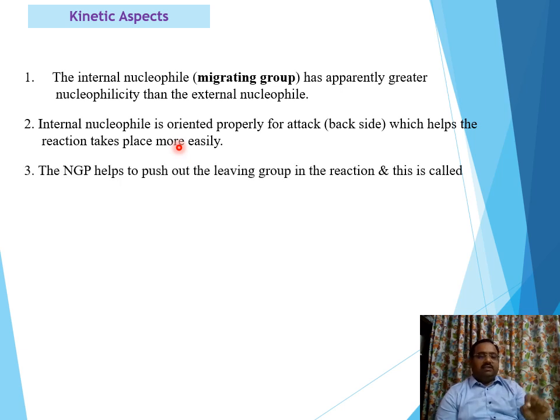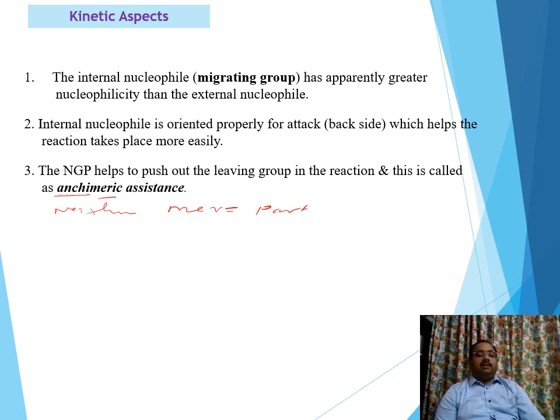Okay, the NGP also helps to push out the leaving group, and this is called anchimeric assistance. This anchimeric is a Greek word: anti means neighbor, and mer means part, that is the neighboring participation. In Greek it is called anchimeric assistance.